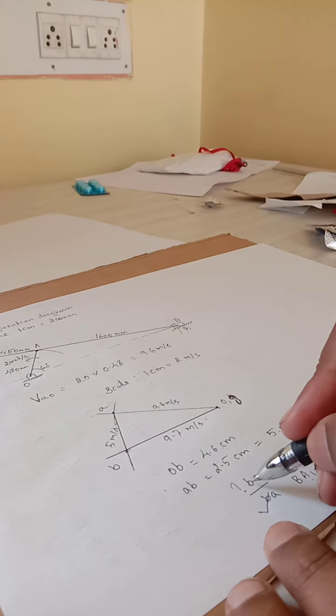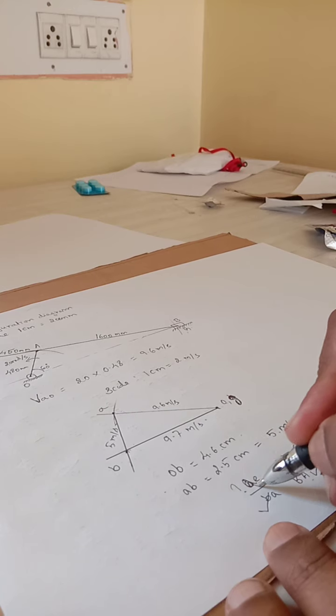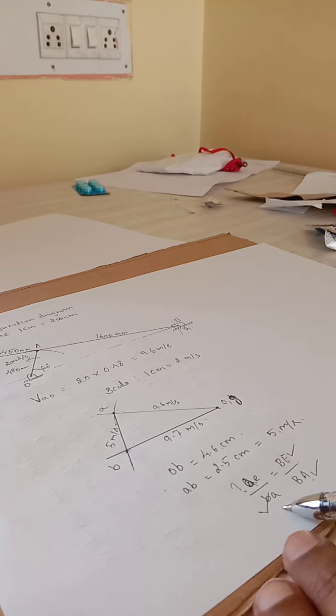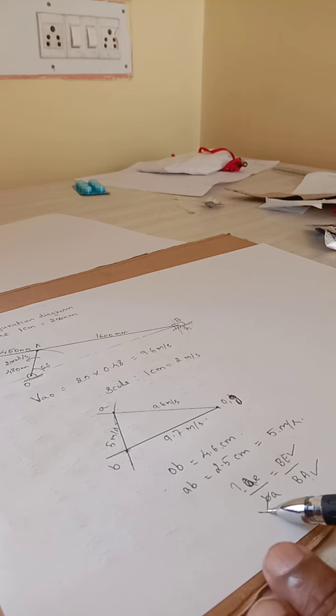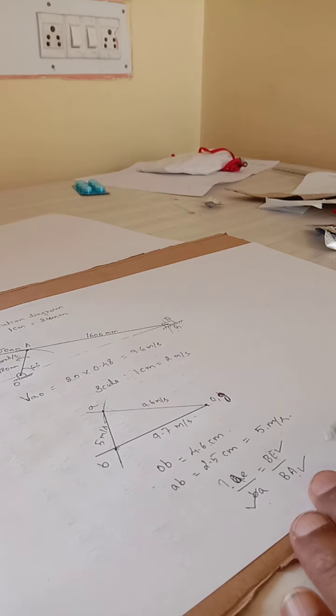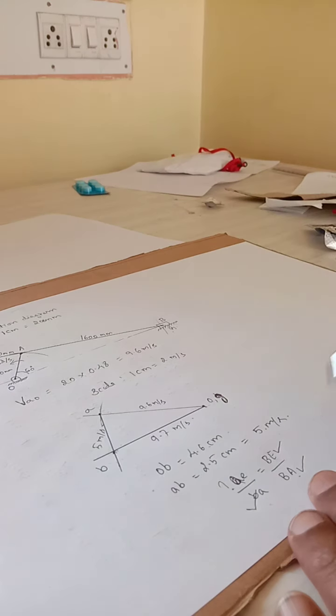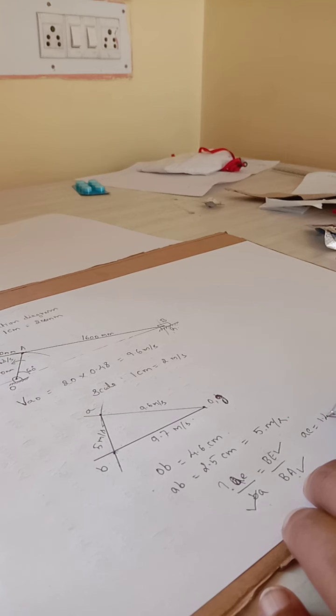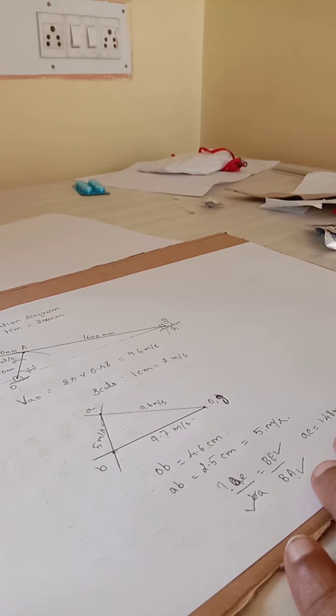I'm sorry, this equation is AE, and this is the length. So this is BA, velocity known. AE is unknown. If you solve this ratio, you will get the AE value around 1.48 meters per second.